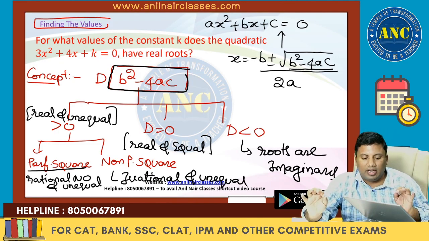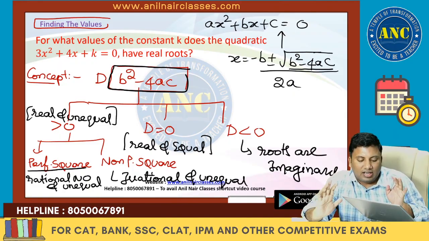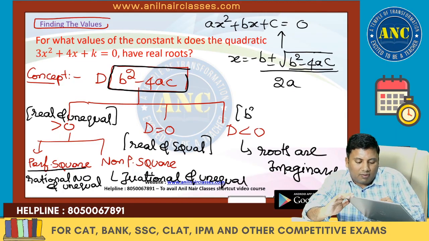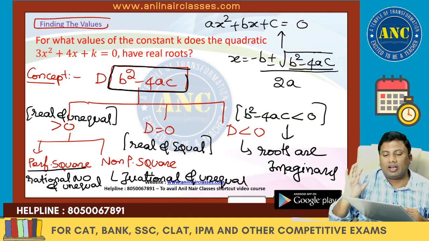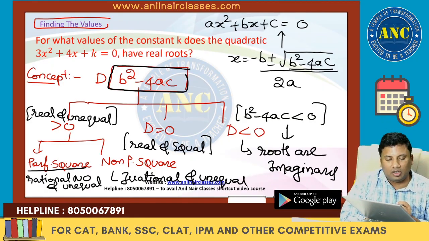B square minus 4ac less than 0 means the roots are imaginary. B square minus 4ac greater than or equivalent to 0, the roots are real.